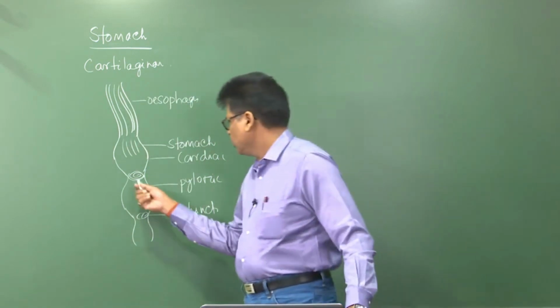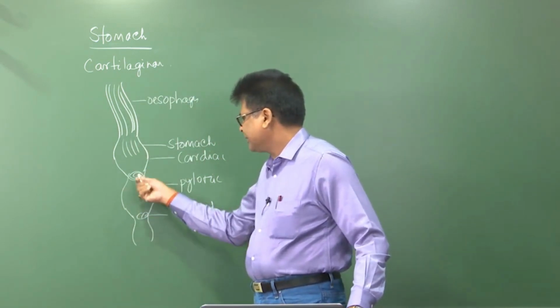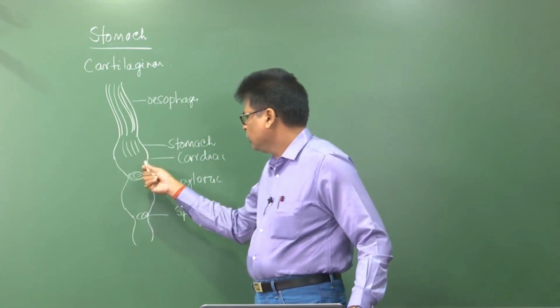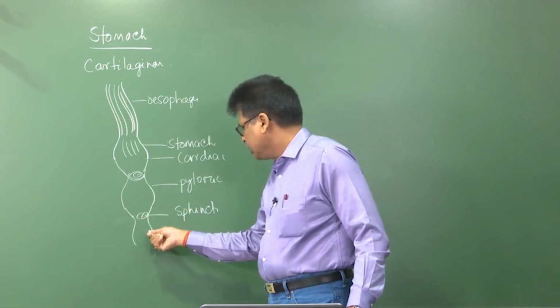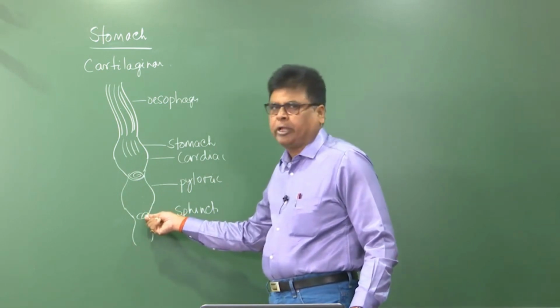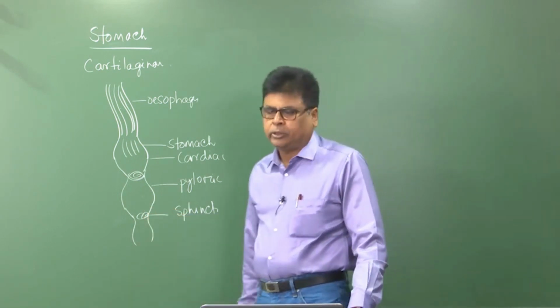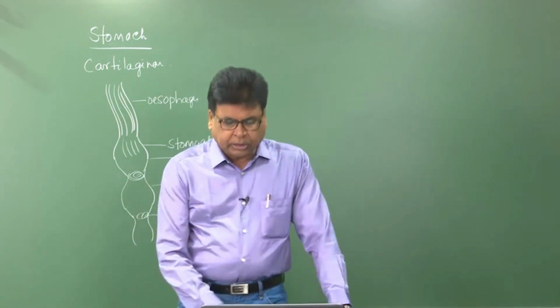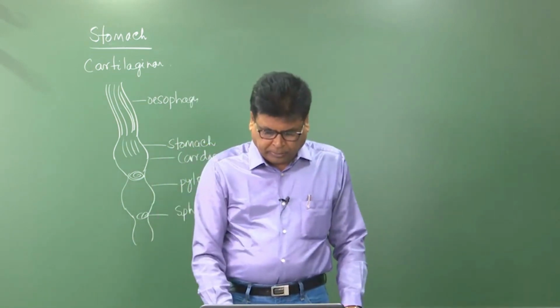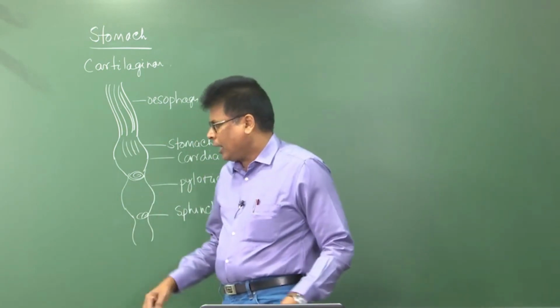So, two muscle bands are there, one is present between the cardiac and pyloric part, and another is present at the end of the pyloric part, which then continues to the duodenum, that is the bursa entiana. Okay.